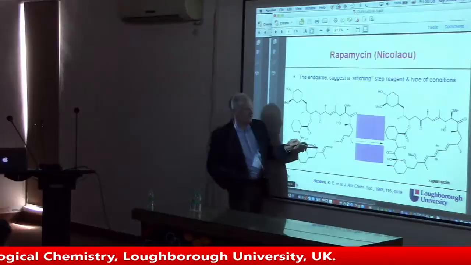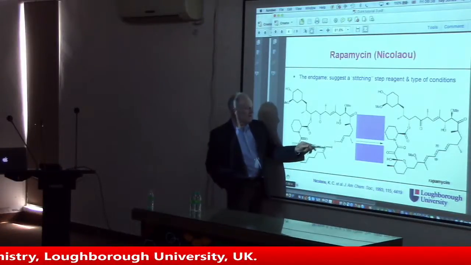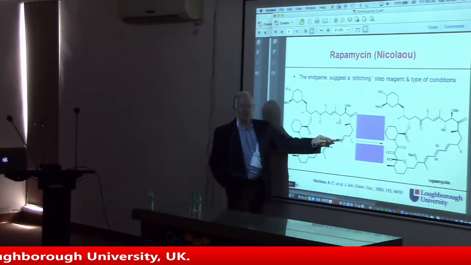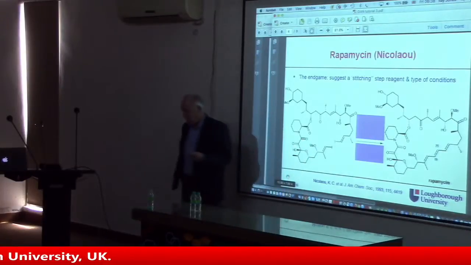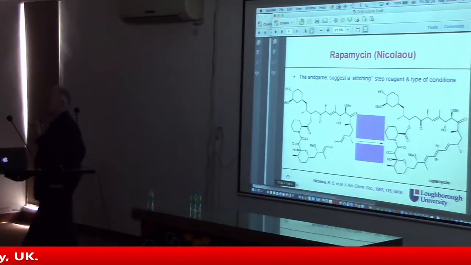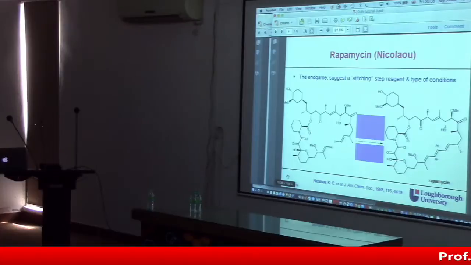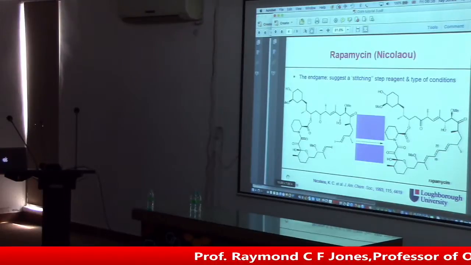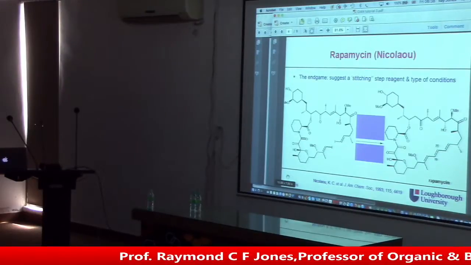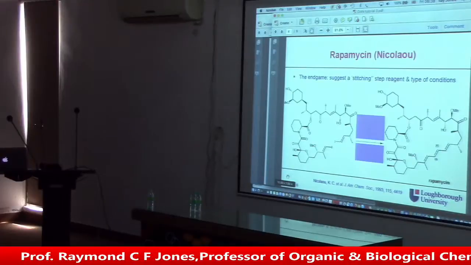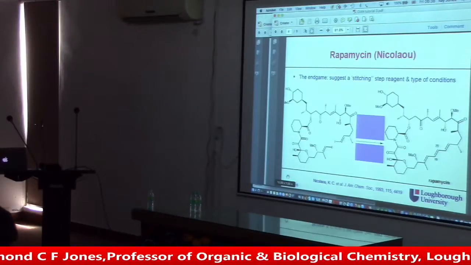So if you look, that's a triene system in the product. We've got a diene, we've got 2 alkenes in the precursor. So we can't join them directly because otherwise we'd end up with a diene. So we need to be able to put 2 carbons in there. So what would you suggest as a way of those 2 carbons to join?